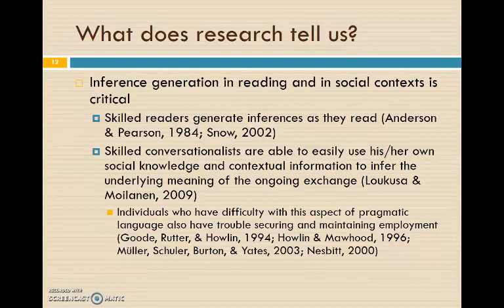A lot of the kids with disabilities that we work with have been so focused on decoding and fluency that sometimes they don't even know that they're supposed to be pausing and thinking about the text. But we do know that we can explicitly teach them to do that successfully.